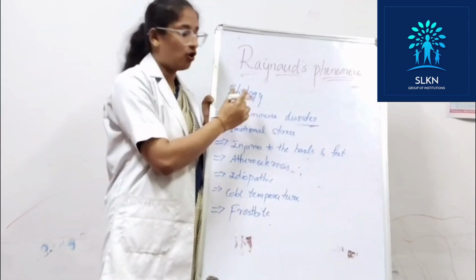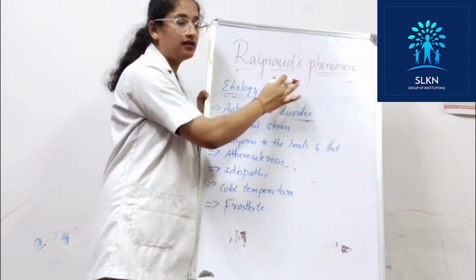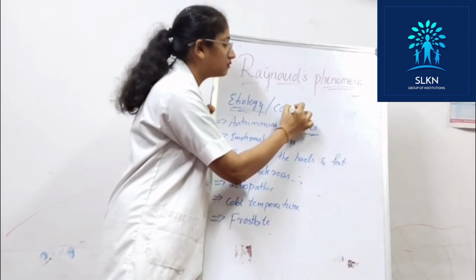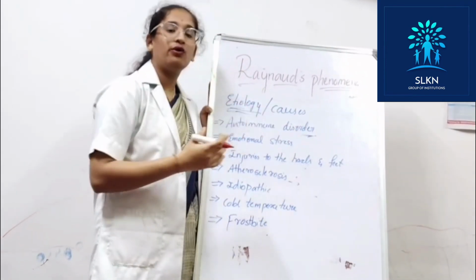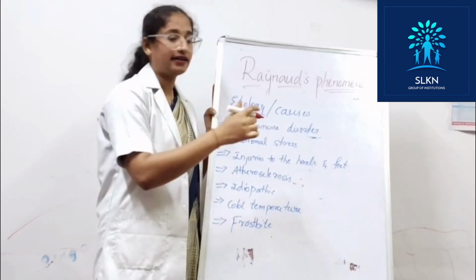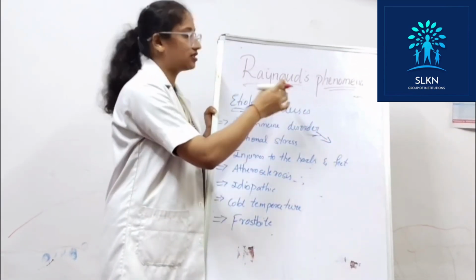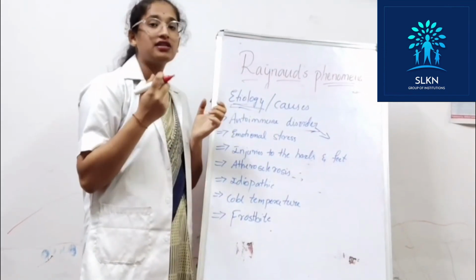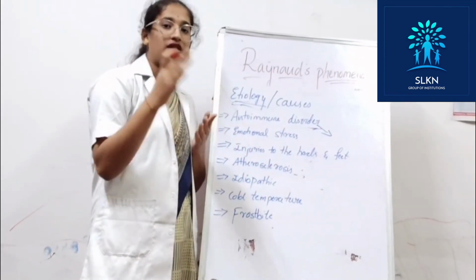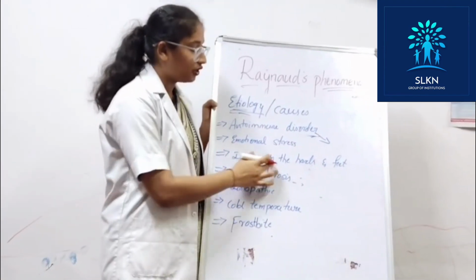Now we will discuss the etiology of Raynaud's phenomenon, that is, the causes. The first cause is autoimmune disorder, where our own immune system mistakenly attacks the healthy cells. Then emotional stressful conditions, where our fingers and toes become cold and circulation decreases. Then injury to the hands and feet.